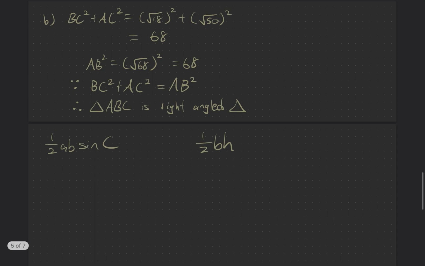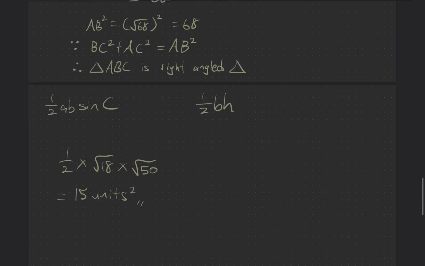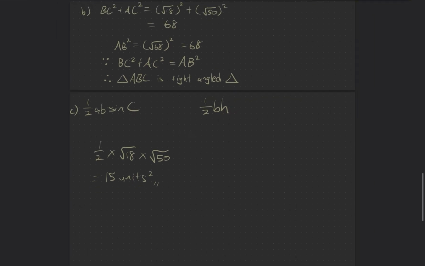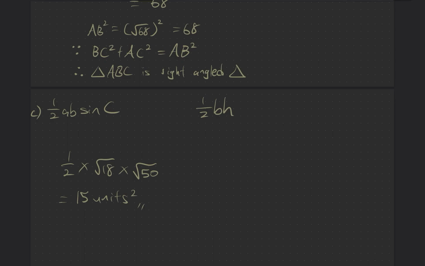So basically, it's half times square root 18 times square root 50, and it will give you 15 units squared. That is your area. Alright, so we use this.